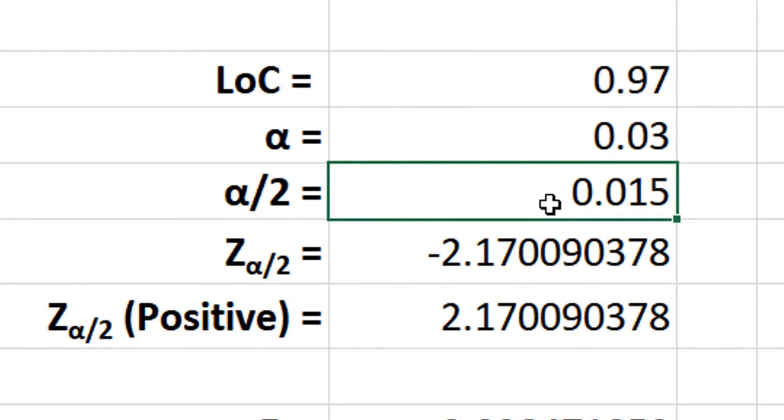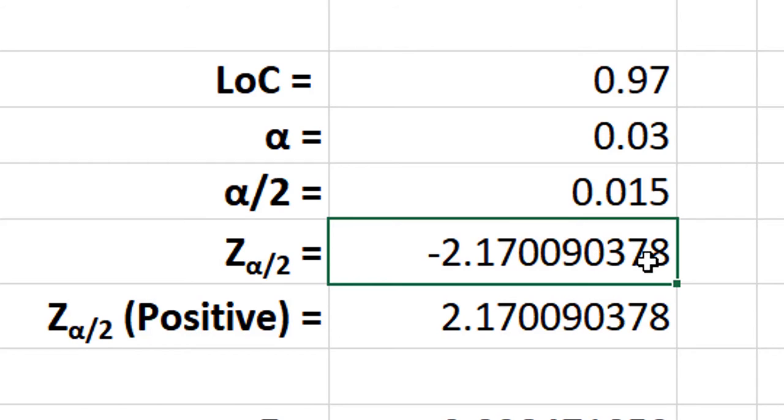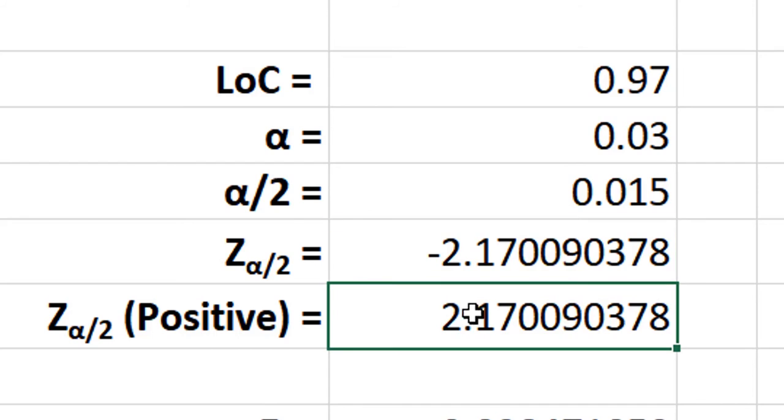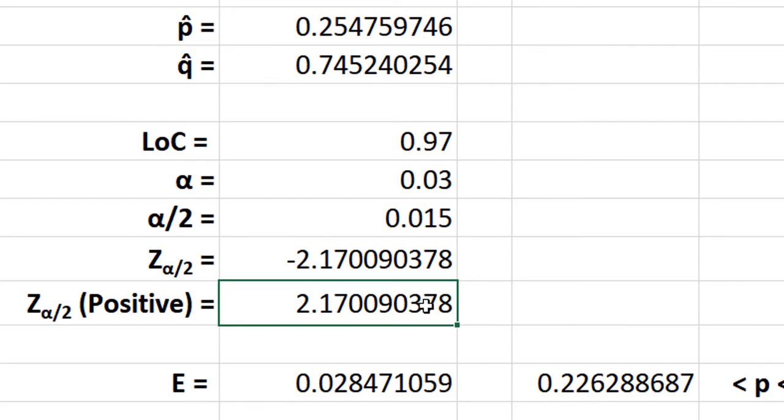Alpha over 2 is half of 0.03, which is 0.015. My z sub alpha over 2, or the z value for the left tail, is negative 2.17. And the z value for the right tail is just the positive of that, so it's positive 2.17.